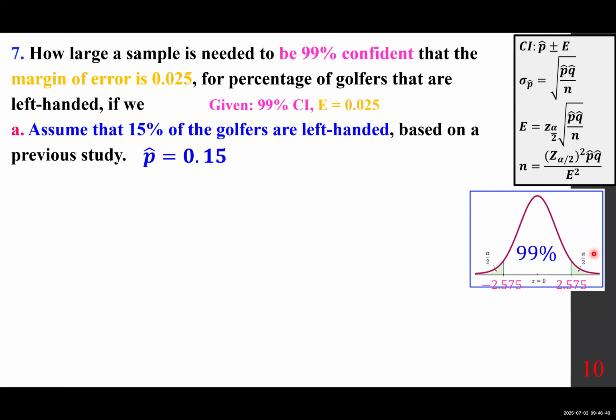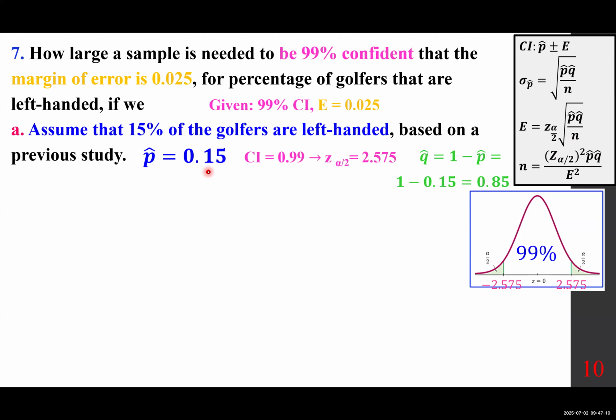So with the confidence interval of 99%, now we have the Z value, and we are going to use everything we have in this formula. And of course, to do that, what's missing is Q hat. If P hat is 0.15, Q hat is 1 minus that, 0.85.